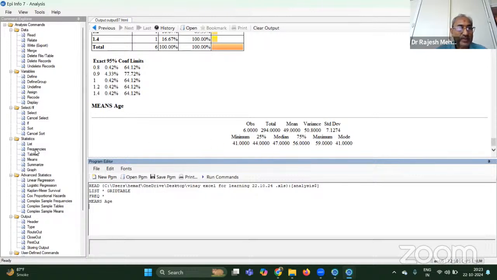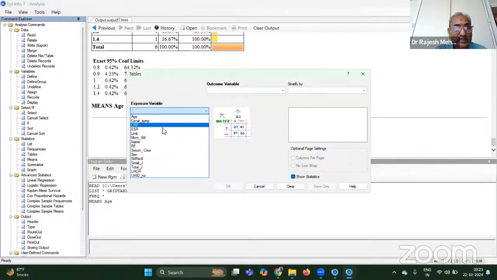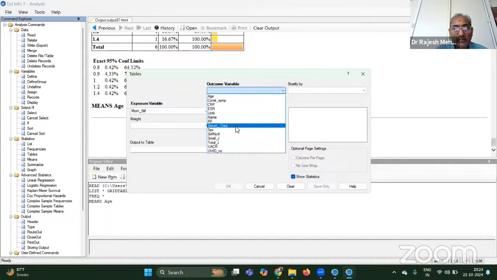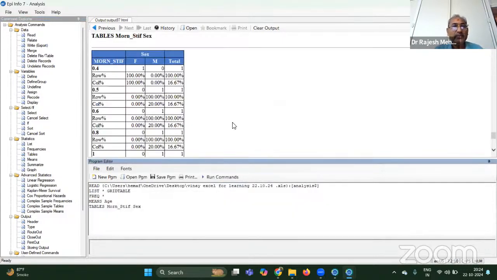Now let's go for the tables command. In the tables command, you have category versus category. So one category is morning stiffness versus gender. Usually when you are writing scientifically, we should be using the word gender. And this is the analysis. Now in this case, morning stiffness is a continuous variable, not a characteristic variable.